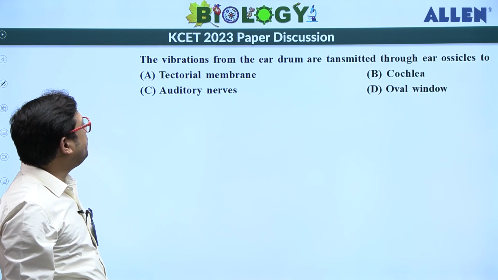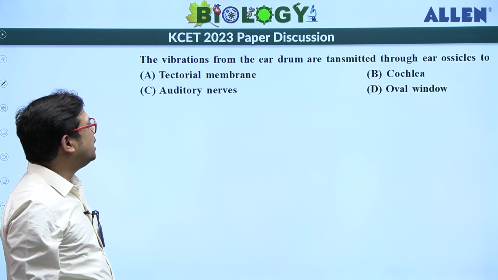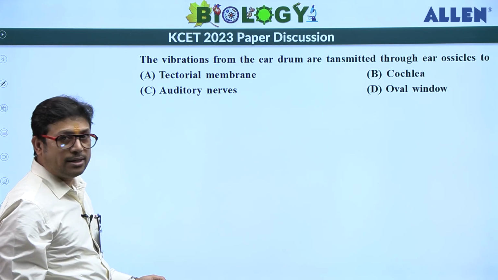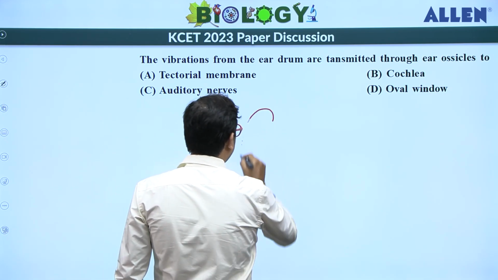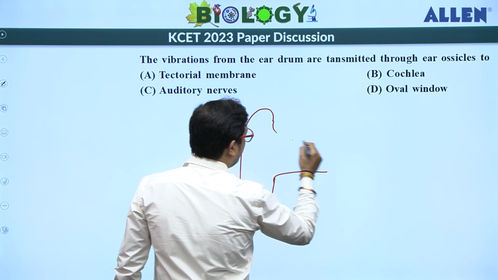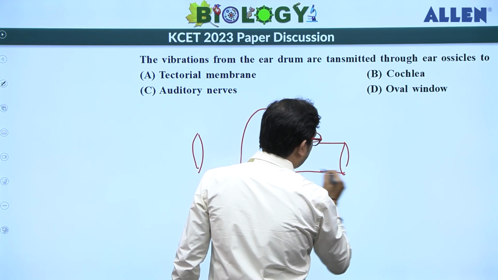Next, the vibration from the eardrum are transmitted through ear ossicle to what? This is the ear, this is the auditory canal, and here is the eardrum, right?